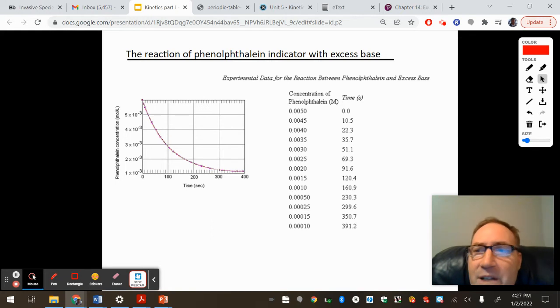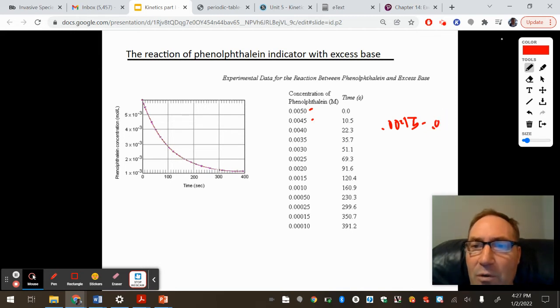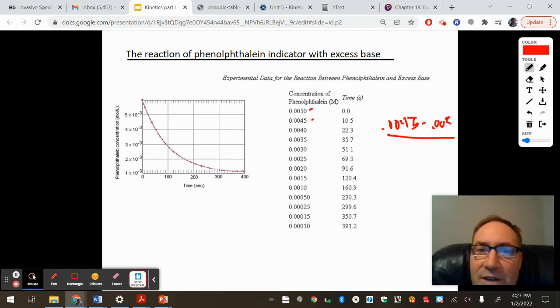So if I was to ask you, what is the average rate for the first 10.5 seconds, you would literally take the change in concentration, these two. So 0.0045 minus 0.005. That's the difference between those over 10.5 minus 0. And that's what you do. You just take the difference over.